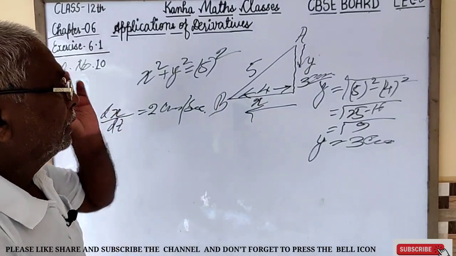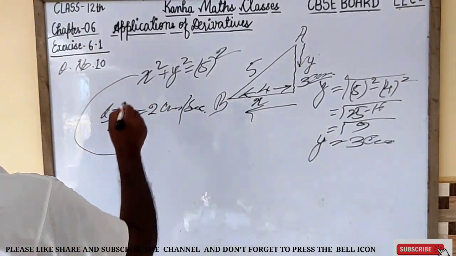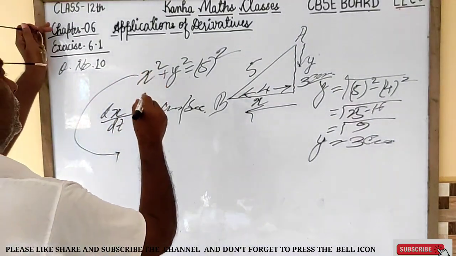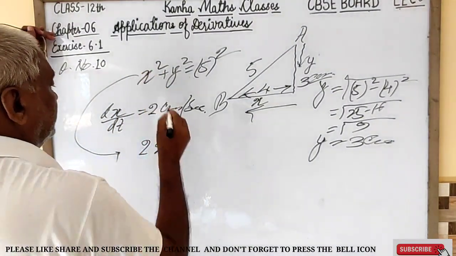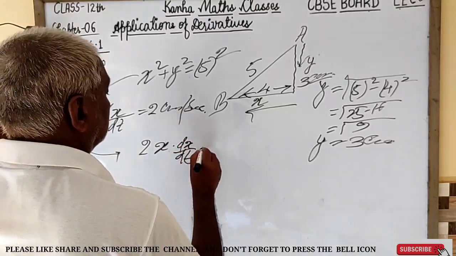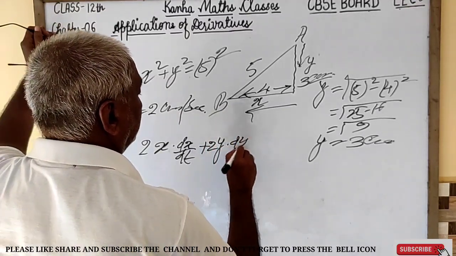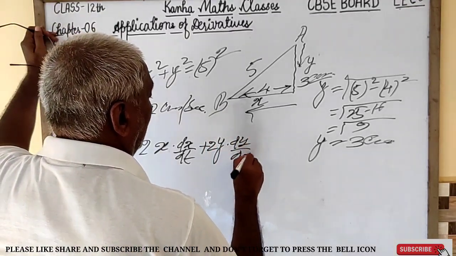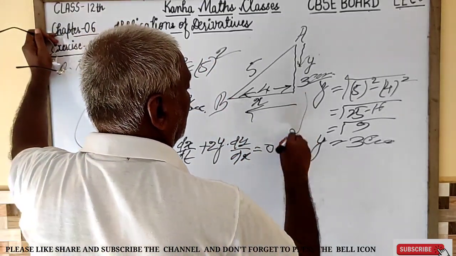Hence if we differentiate with respect to t, then this will be 2x dx/dt plus 2y dy/dt, and derivative of 5 square means 0.